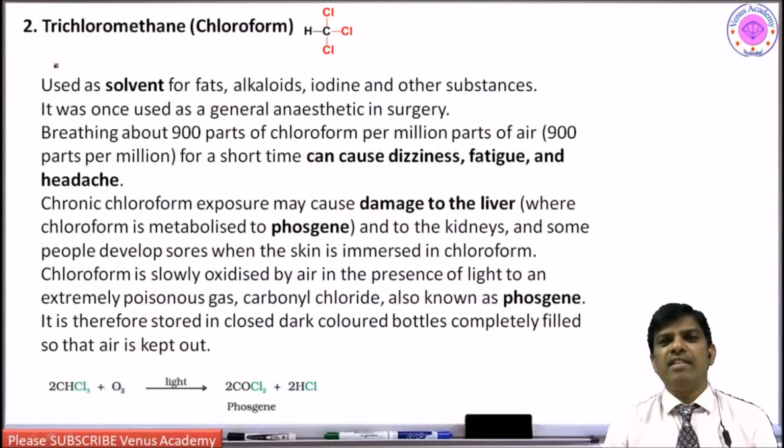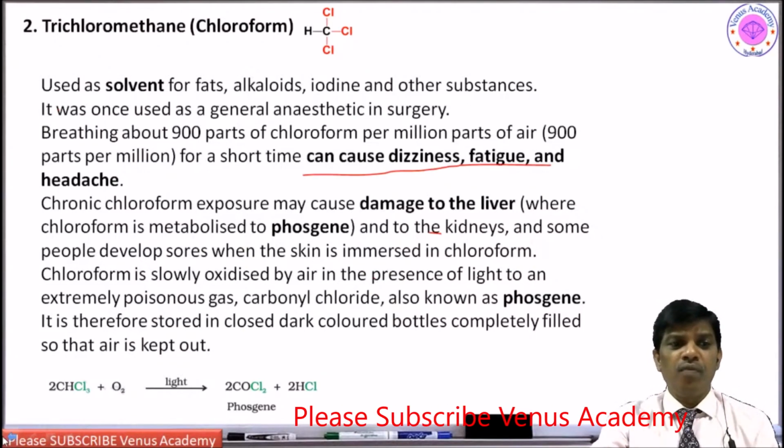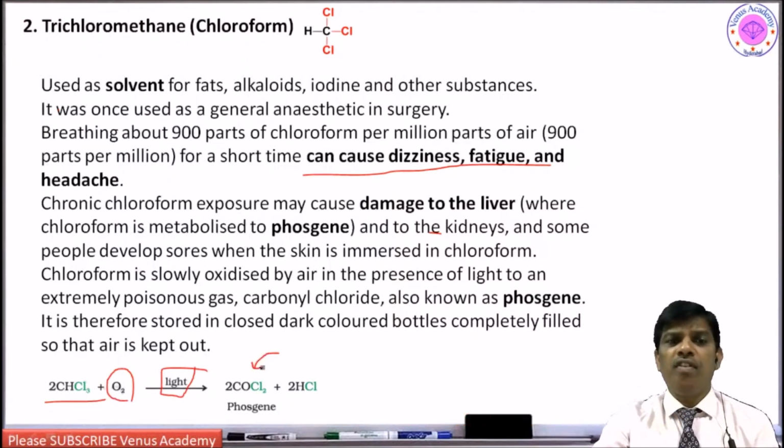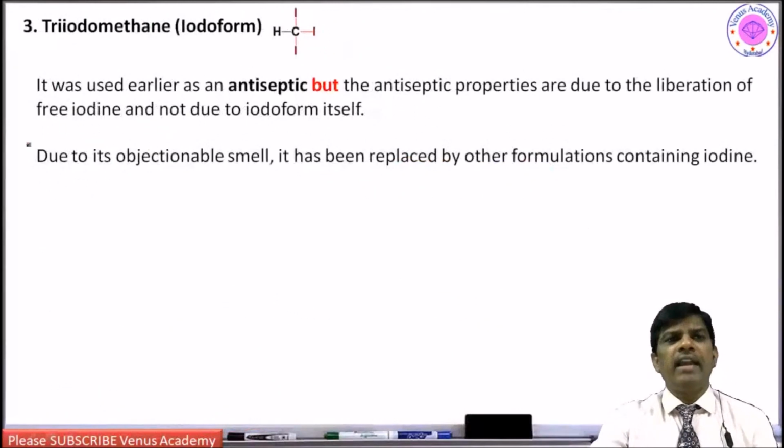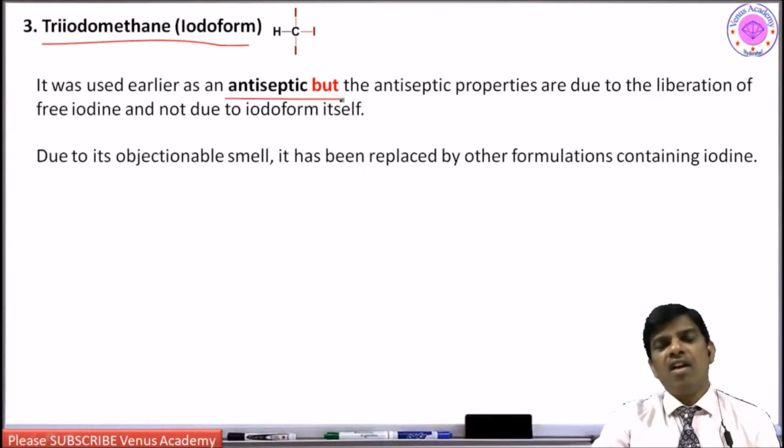It was also used as an anesthetic, but chloroform reacts with oxygen in presence of light to form the highly poisonous compound phosgene. Triiodomethane or iodoform was previously used as an antiseptic, but nowadays it is not used because better compounds are available.